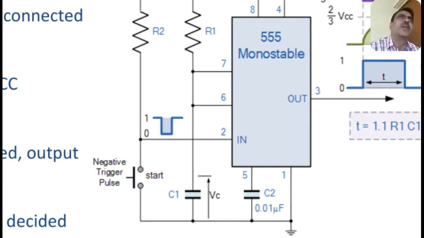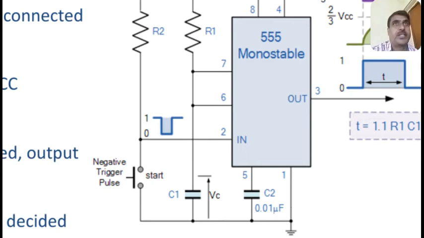The lower comparator will change the output to high, which is connected to set input. Therefore, the internal RS flip-flop set input goes high, so Q bar goes low, so the internal transistor is turned off. So therefore the capacitor starts charging, and since the output of the flip-flop is 0, that is going to change the output to high.